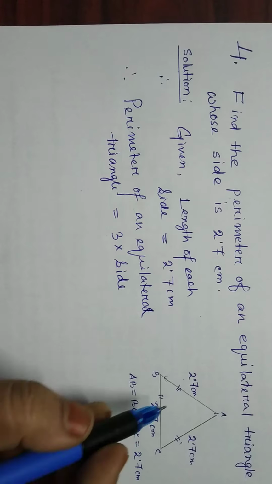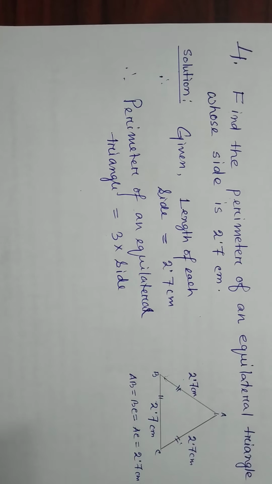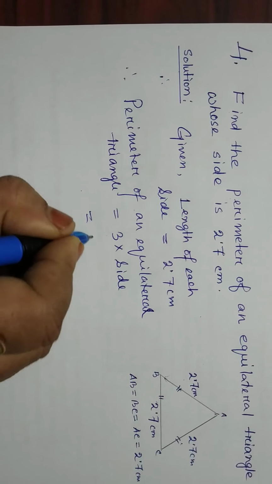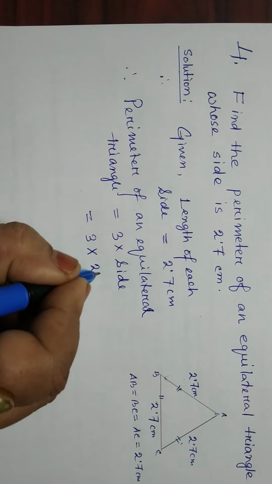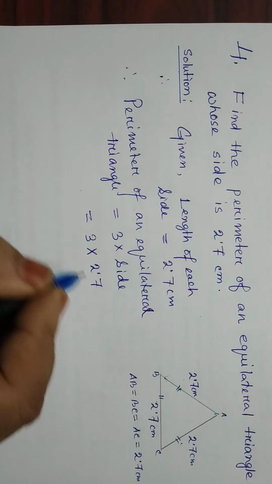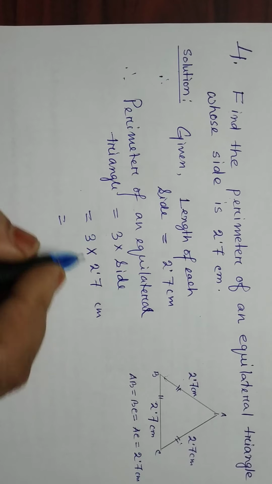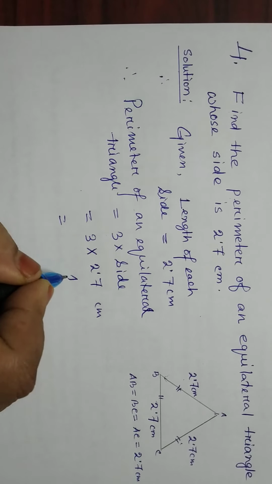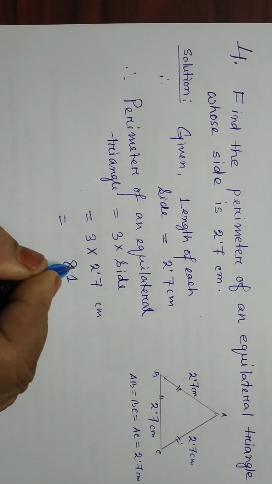Because this plus this, the sum of 3 sides, means 3 into each side. Now 3 into the length of the side is 3 into 2.7 cm. Now if we multiply by 3, then 3 sevens are 21, 3 twos are 6 plus 2 is 8.